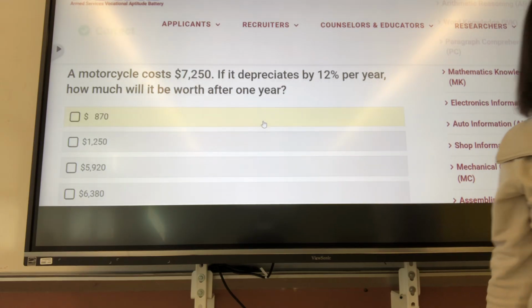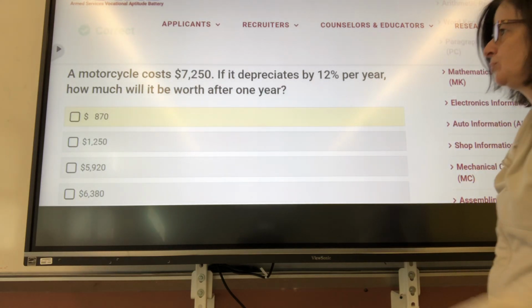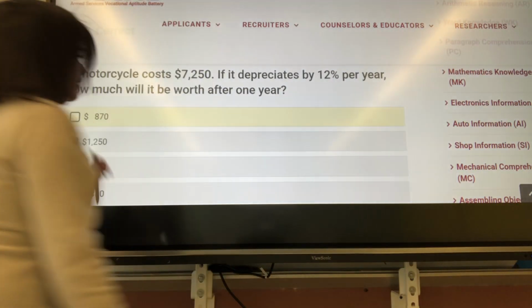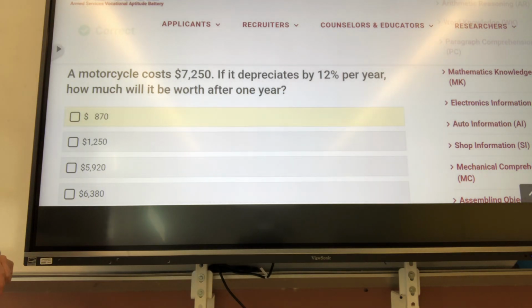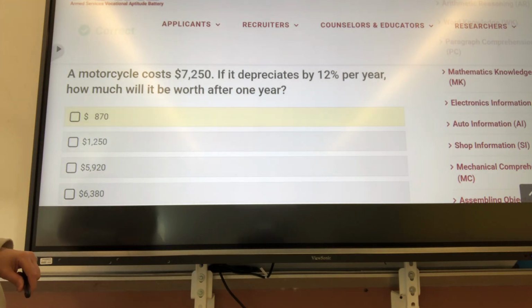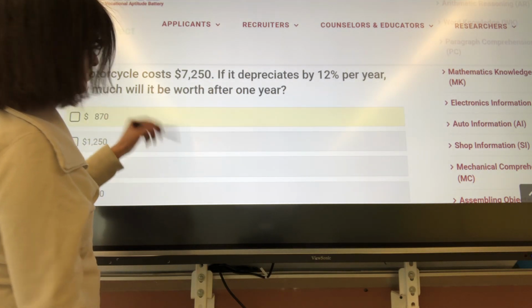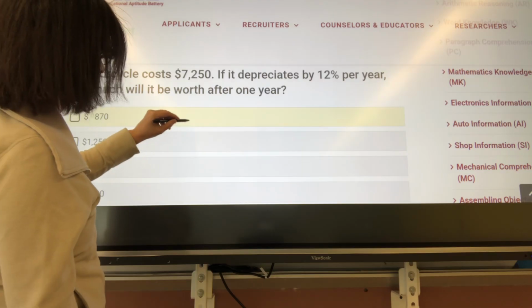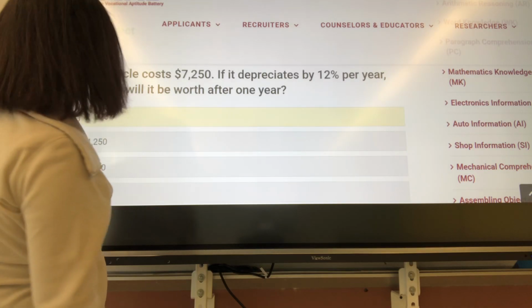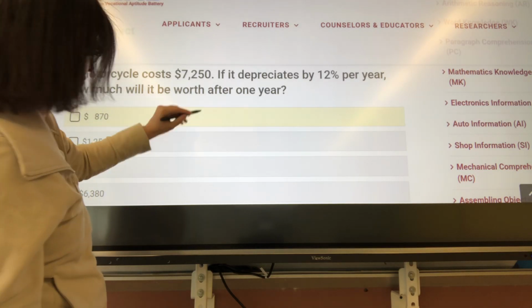Then the next one is a depreciation question. A motorcycle costs $7,250. If it depreciates by 12% per year, how much will it be worth after 1 year? So if it depreciates by 12%, it's going to be worth 88%, 100 minus 12.